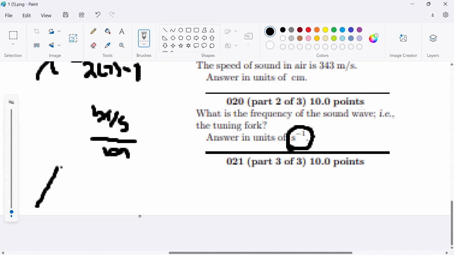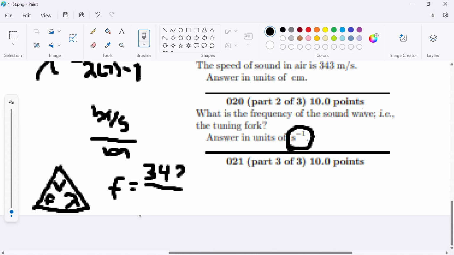Now remember this one has a triangle: velocity, frequency, wavelength. So frequency equals velocity divided by wavelength. Frequency equals, and I've got to turn the wavelength into meters, divide 59 by 100. Velocity, 343. Wavelength, 59 divided by 100 is 0.59.